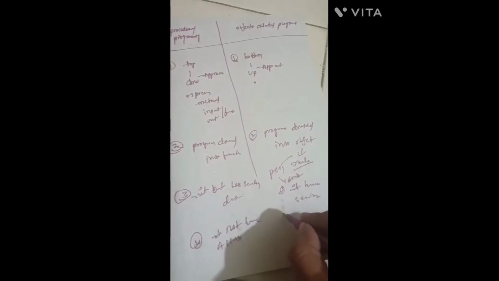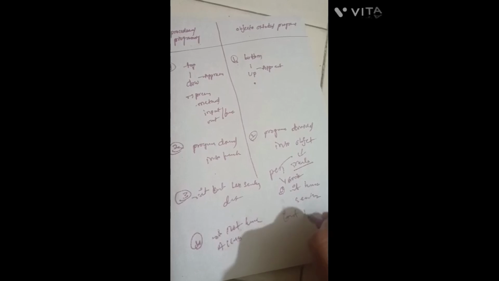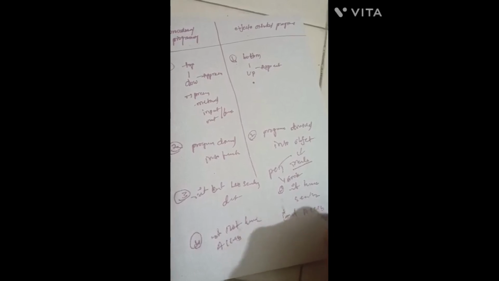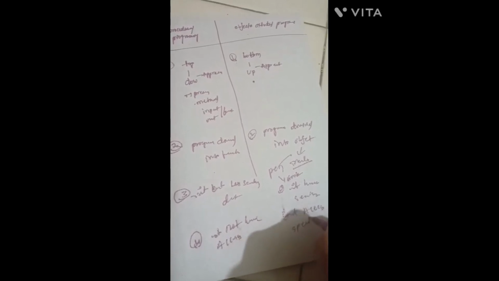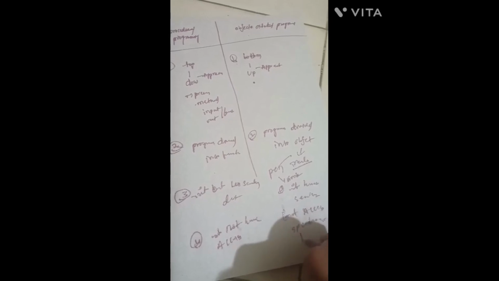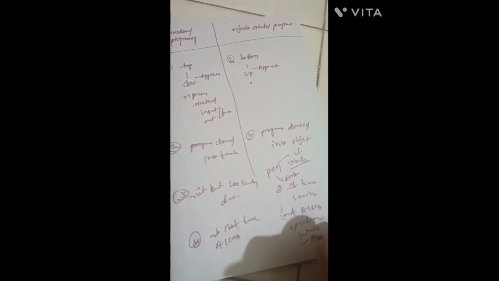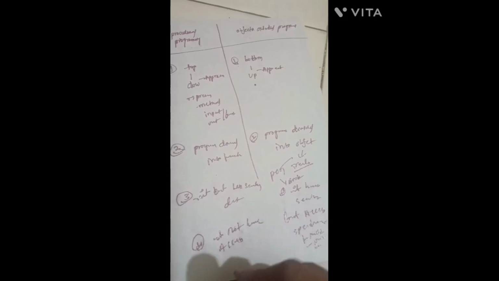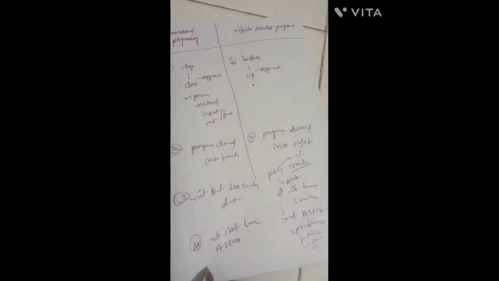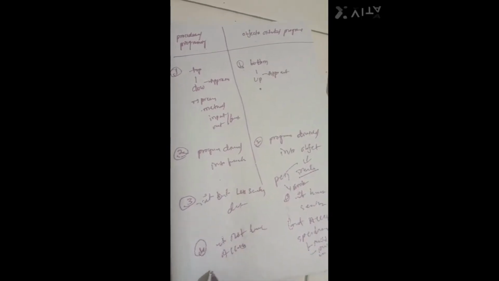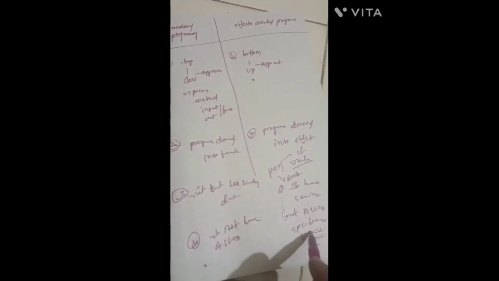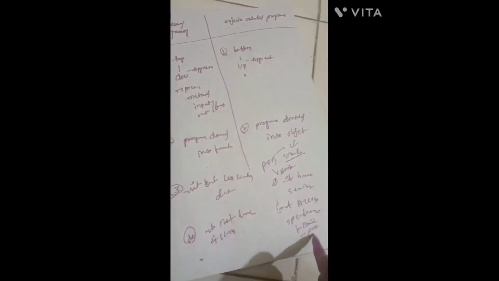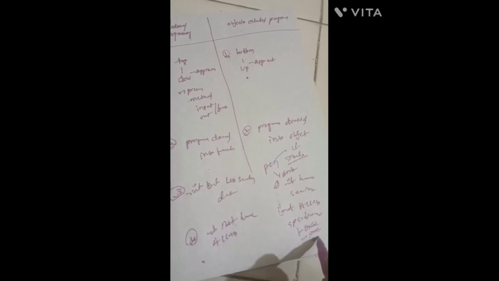The object-oriented programming contains access specifiers like public, private, protected. Using these public, private, protected, we can give permissions to others to access the data.